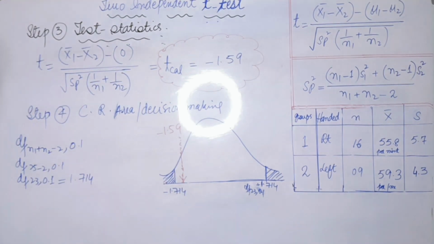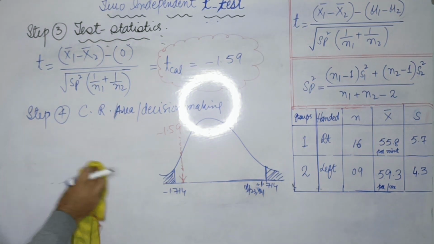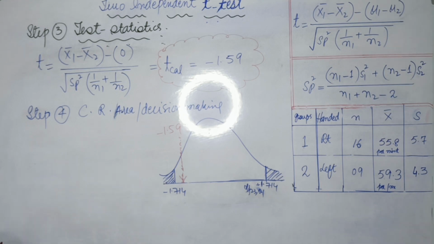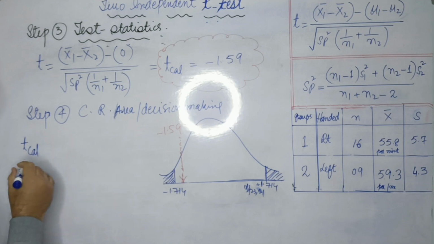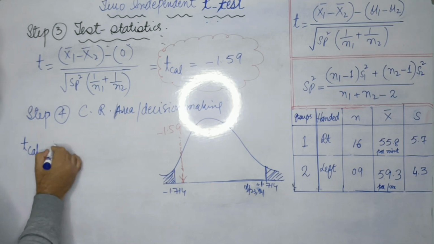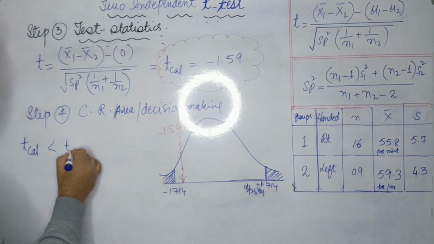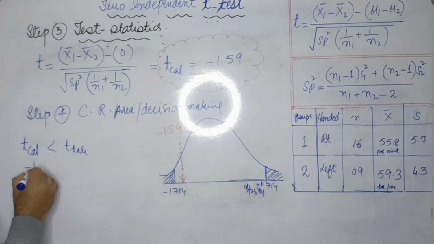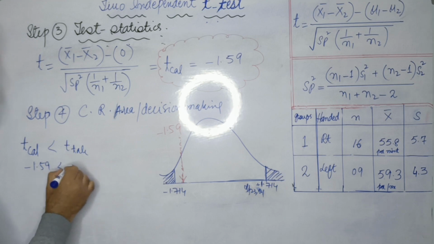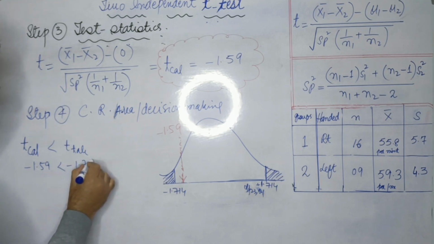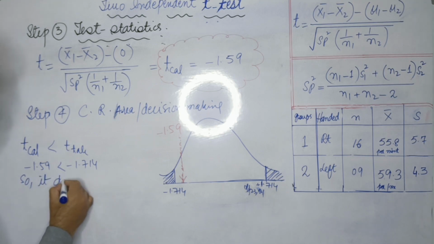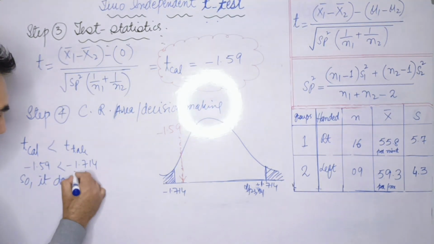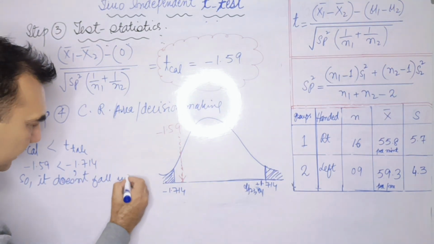It doesn't fall in the rejection area, so what we concluded is that the t calculated value, minus 1.59, is greater than the t tabulated value minus 1.714, so it doesn't fall in the rejection area.